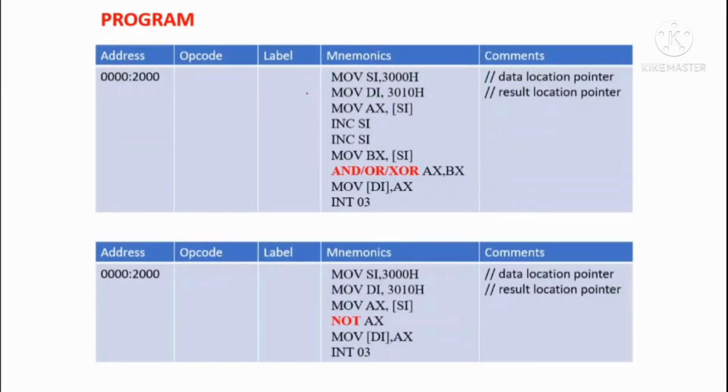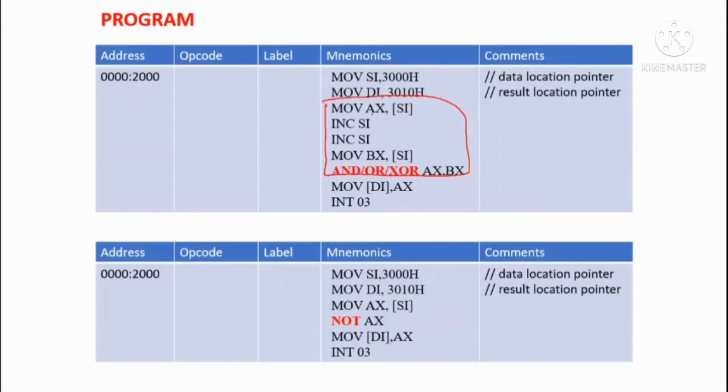As normal, the first two lines of the program are initializations. We initialize the SI register to point to the source data. We initialize the DI register to point to the results or destination locations. Then the next few lines are processing lines.